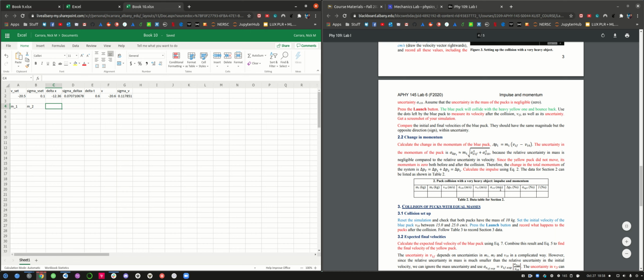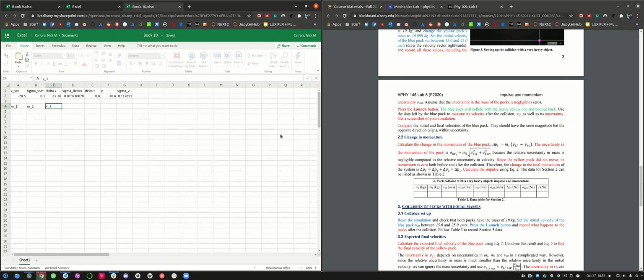But then we have various velocities. So v1 initial, the initial velocity of the first puck, sigma v1 initial, and then we have v1 final, sigma v1 final.